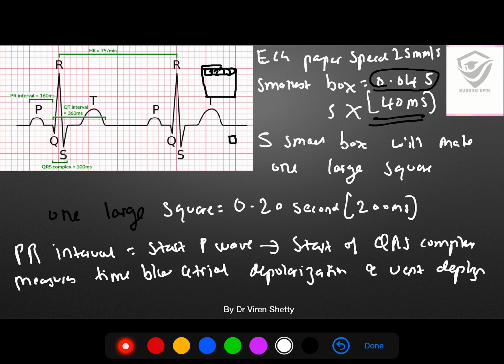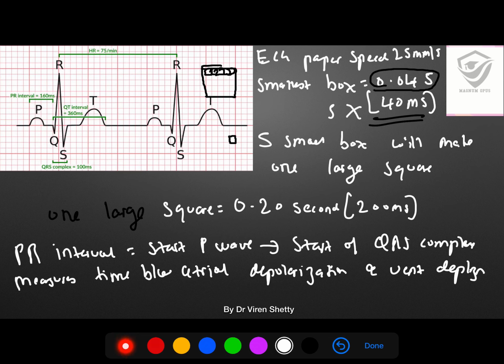Just try to understand this statement. No need to mug up, just understand. You know P wave is atrial depolarization and QRS complex is ventricular depolarization. So that interval is calculating the time between atrial depolarization and ventricular depolarization.